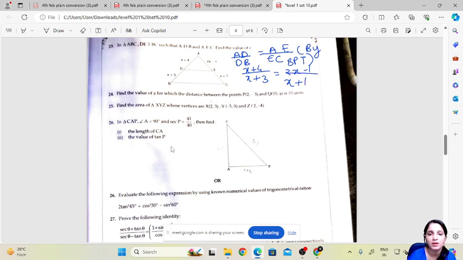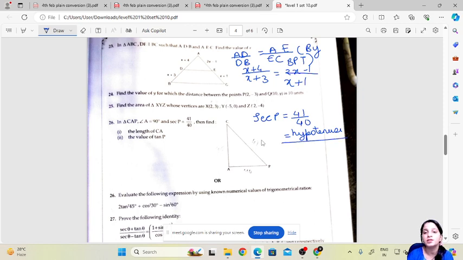Sec P is given 41 upon 40. So sec formula is hypotenuse upon adjacent.